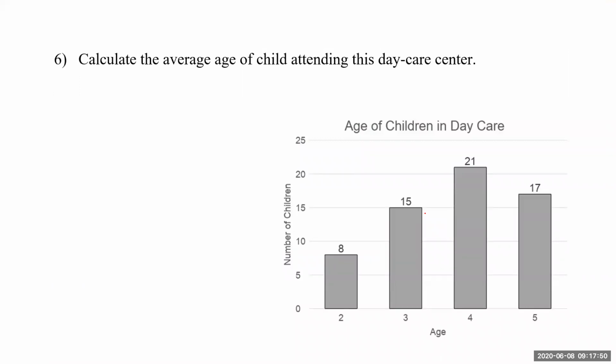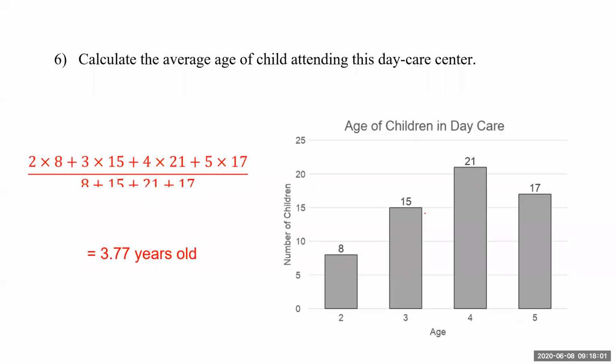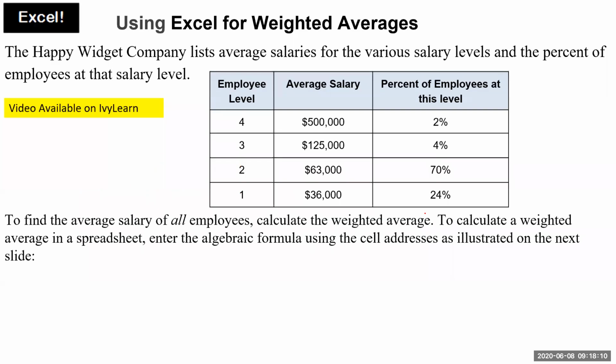Okay, now find the age of child attending this daycare. All right, so the age is 2, 3, 4, 5, and the number of kids that are there. And this is how you find the average age of kids attending this particular daycare. Is that okay? Good.